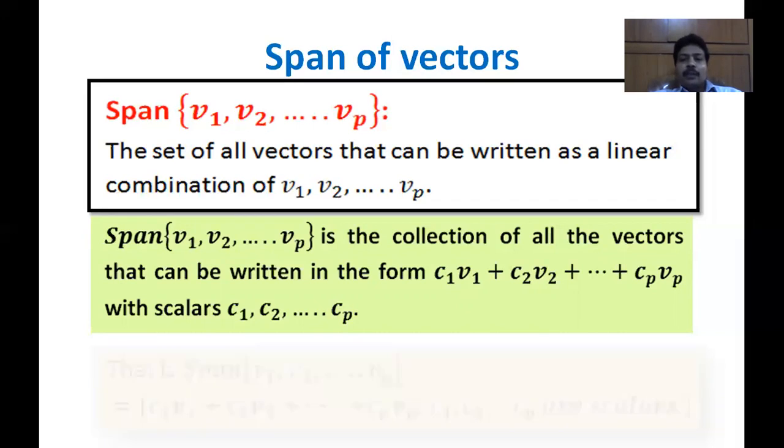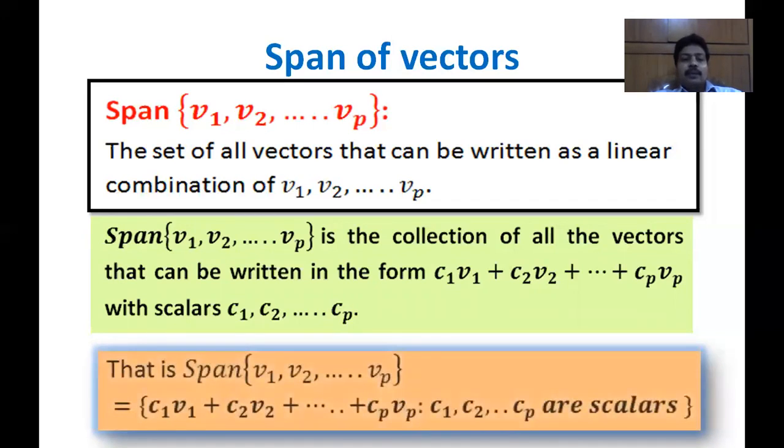Mathematically, we write span of v1, v2 and so on vp as the set of c1 v1 plus c2 v2 plus so on plus cp vp such that c1, c2 and so on cp are scalars.